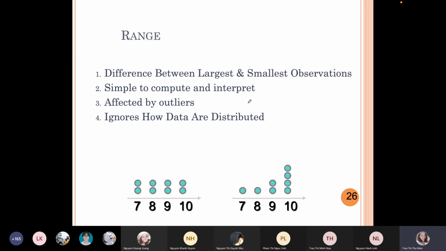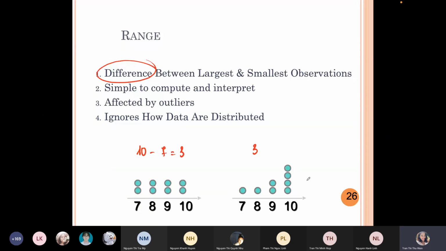So when you look at the data sets here, what is the range for the 2 data sets? 3. Yeah, 10 minus 7 equals 3. And for the second data set, it's 3 too. But when you look at the distribution of the data sets, they are different.